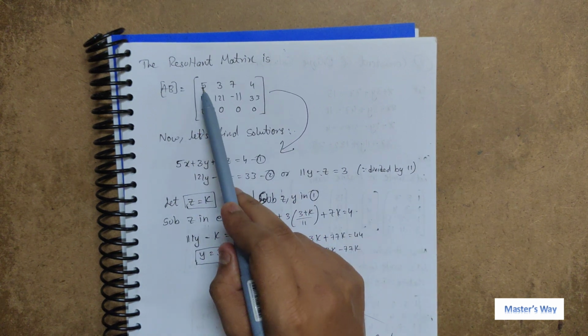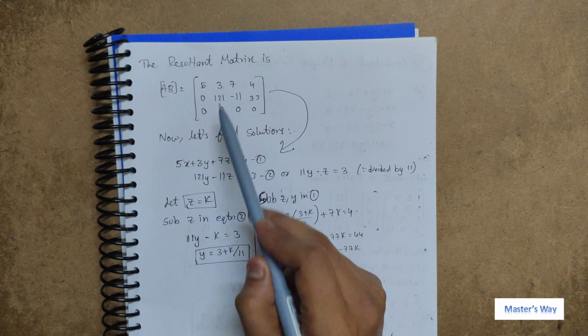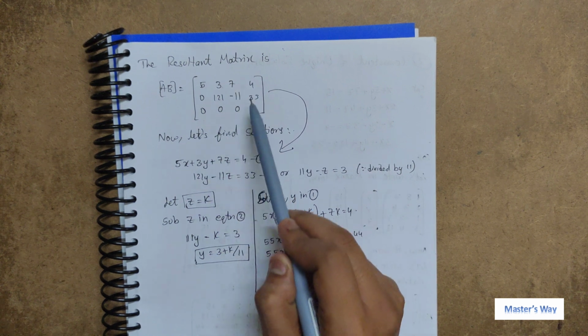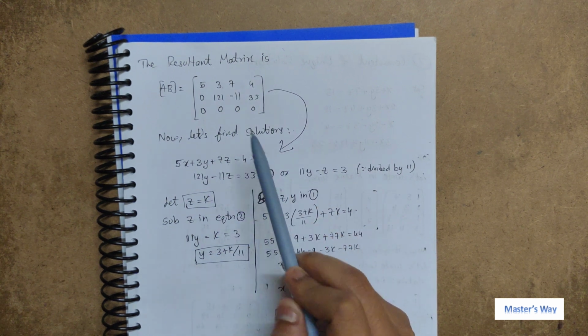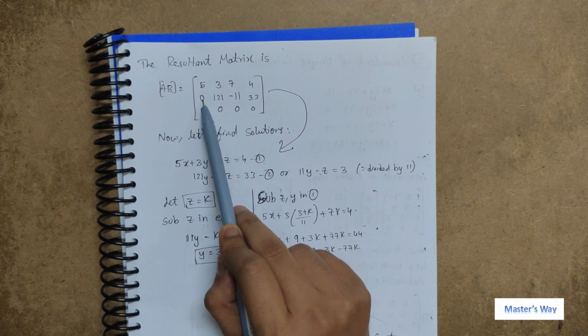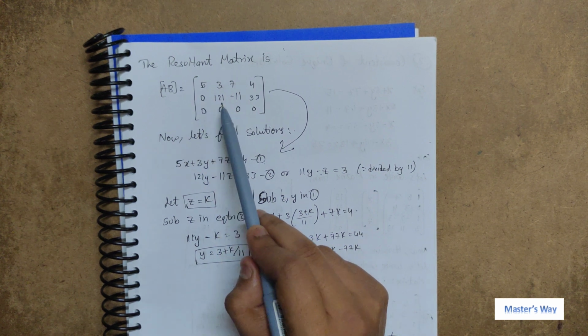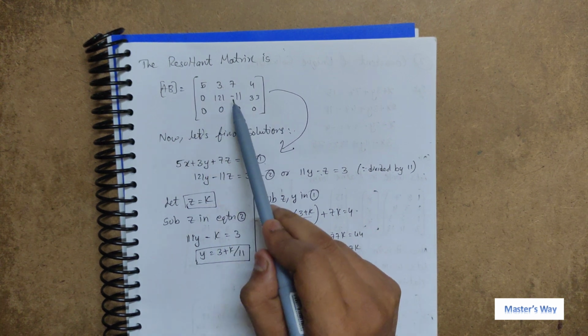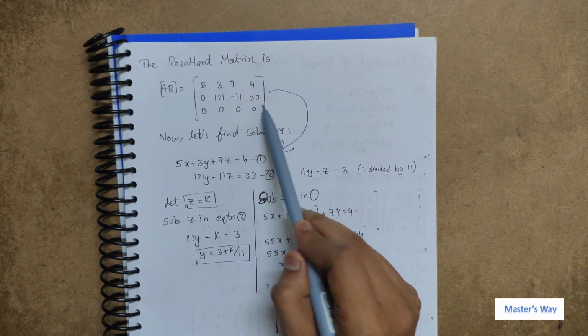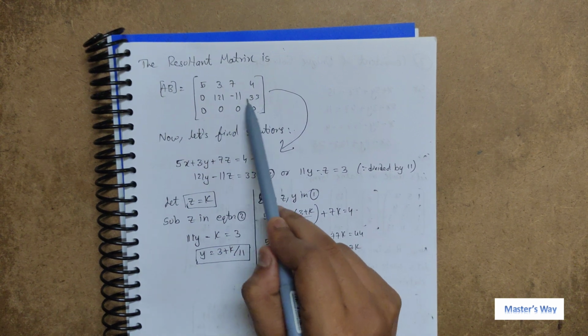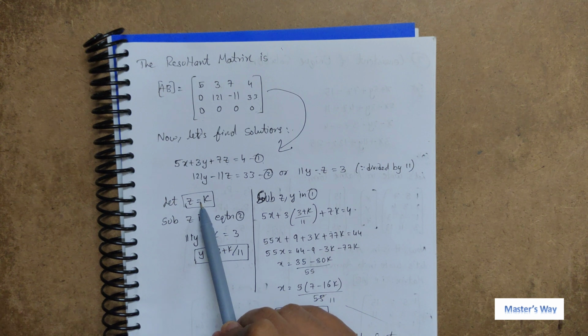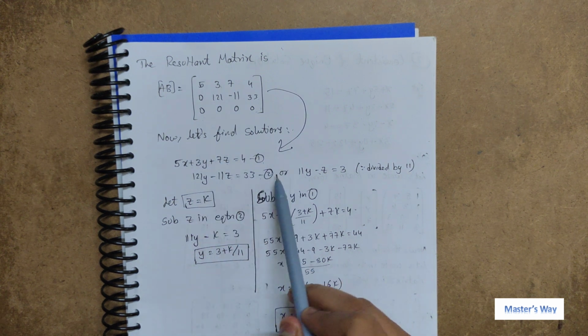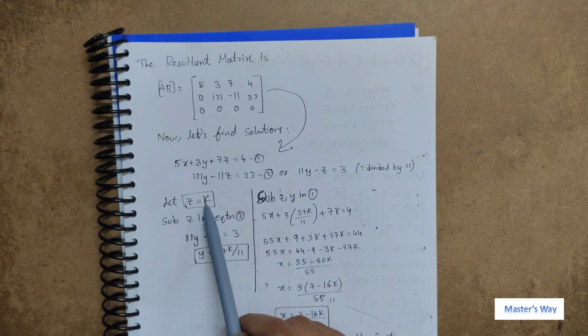Okay, see, 5x plus 3y plus 7z equal to 4. First equation. Second equation, this is 0, so you can ignore it. 121y minus 11z equal to 33. These are all zeros. Hence, we will take z equal to k.